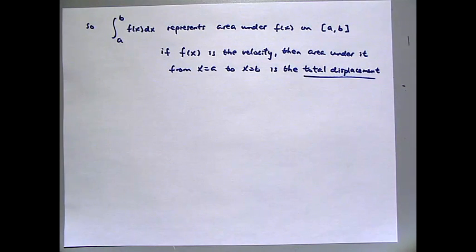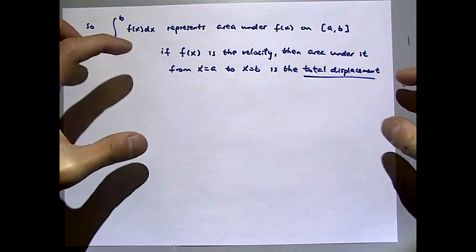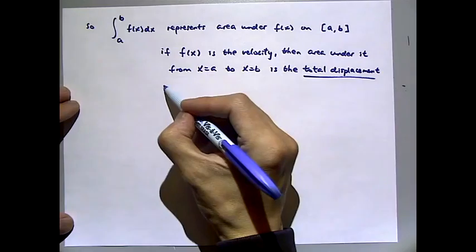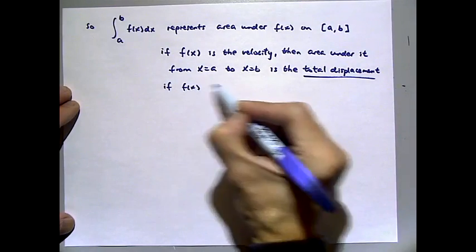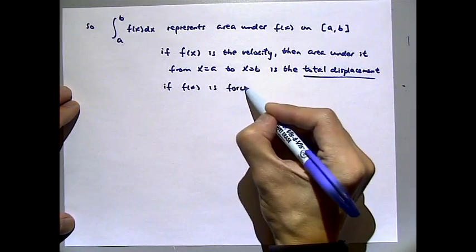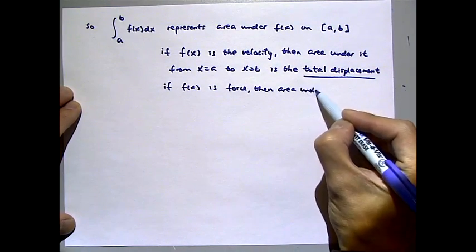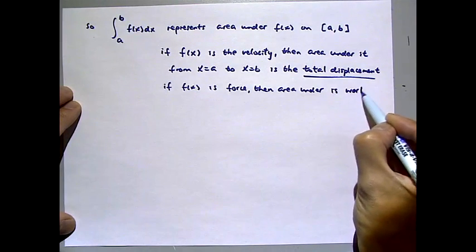So the meaning of that depends on what f of x represents. In the purest, most basic way, all it shows you is the area. But suppose it is the velocity, then you end up getting the displacement. If f of x is force, then what's underneath is work. Then area under is work.